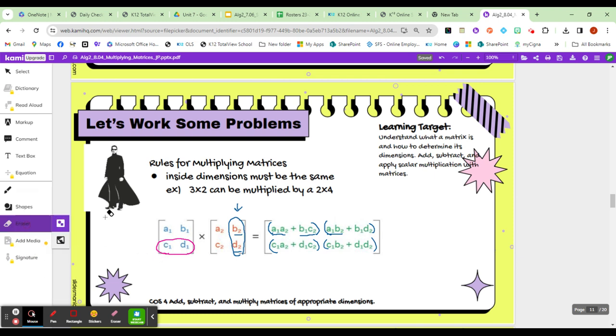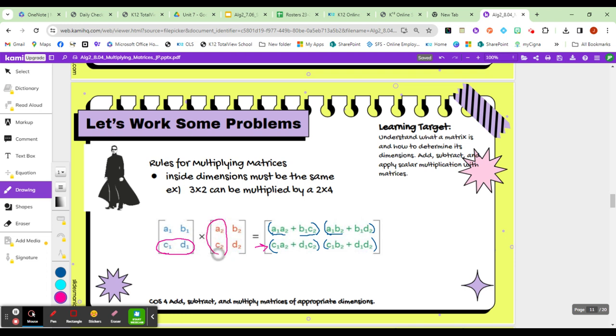So now we're down to the second row. We're writing our answers in the second row of our product here. So we're doing second row times first column, and that's going to be C1 times A2, D1 times C2. And then we'll add those together.